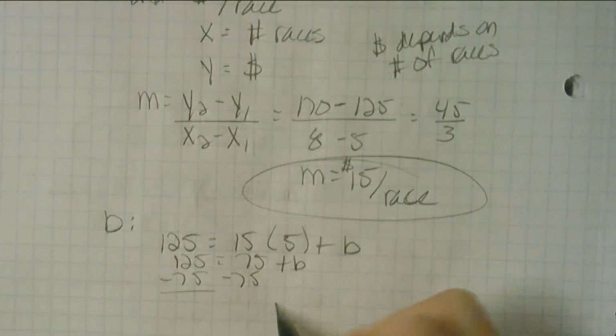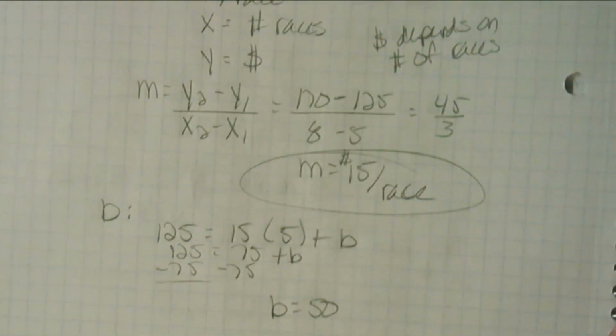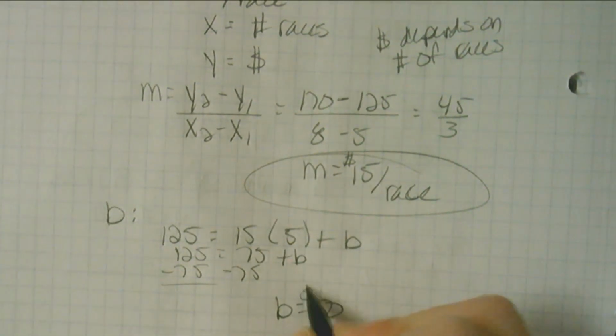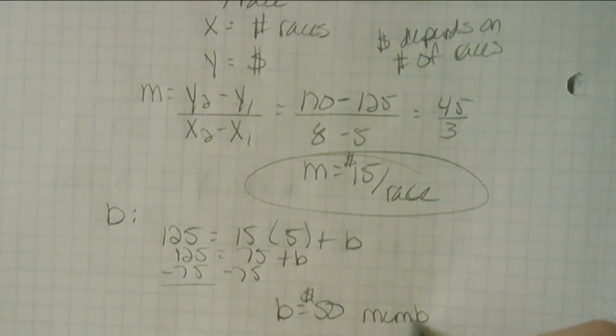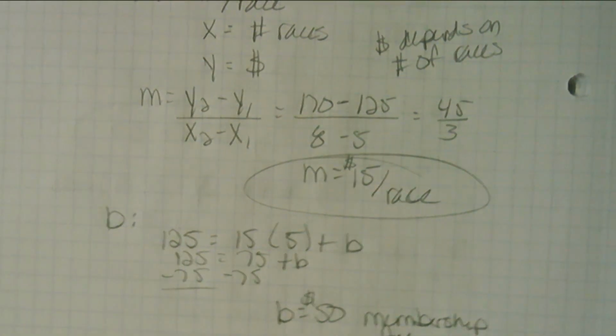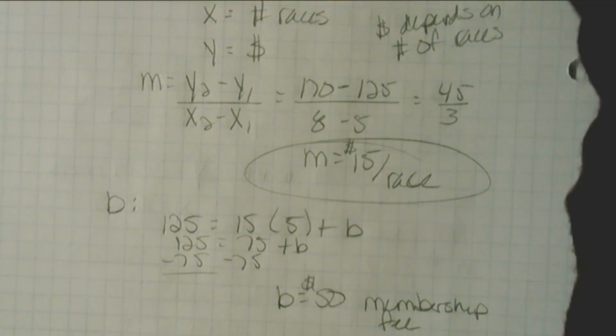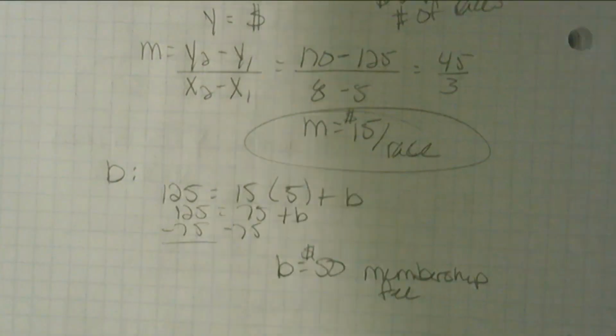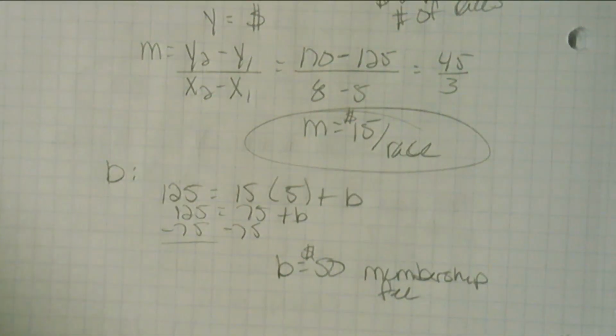So I end up with b is equal to 50. So $50 membership fee. You guys cool with that? So you really have to pay attention to what data they have given you. Always find your slope, always find your y-intercept. You guys cool?